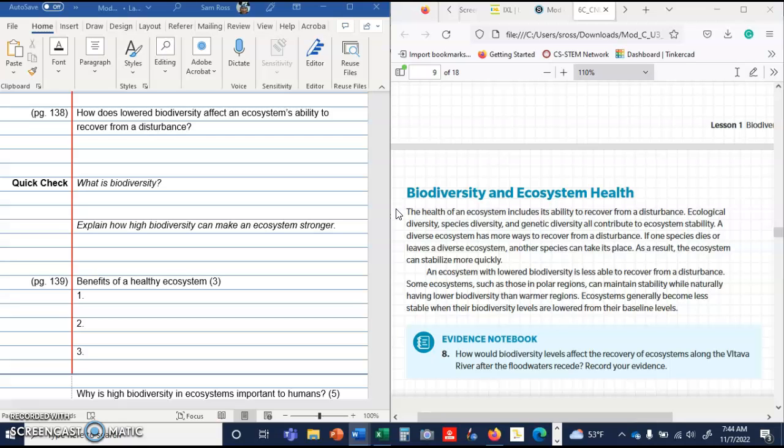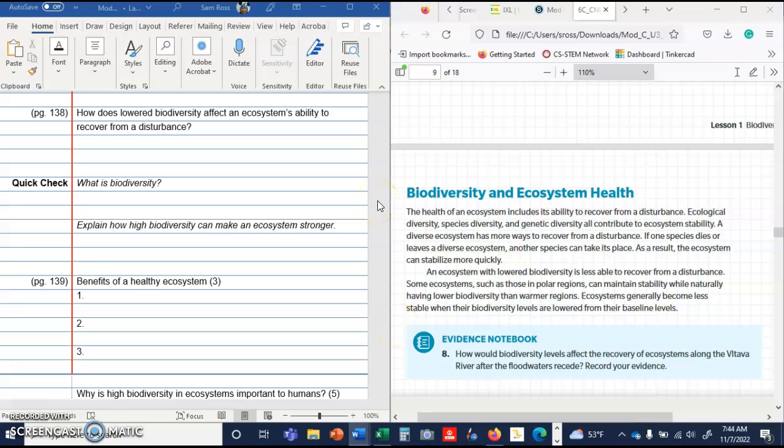Some ecosystems, such as polar regions, can maintain stability while naturally having lower biodiversity than warmer ones. Ecosystems generally become less stable when their biodiversity levels are lowered from their baseline levels. So that's how lowered biodiversity affects an ecosystem's ability to recover from a disturbance.